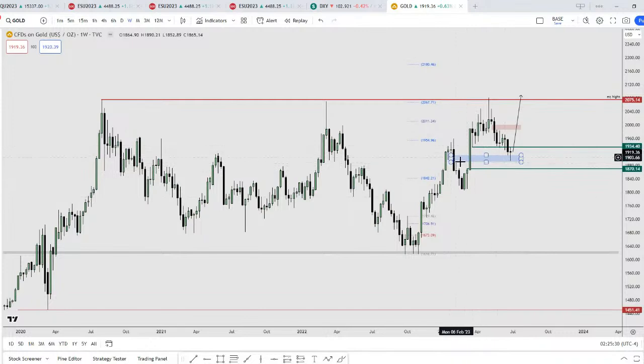First warning would be price closing below this balanced price range. Second would be price closing below this fair value gap right here, the green level 1870.14. Okay, so as long as price can trade above this 1870.14, I look for higher prices to 2180.46. Okay, very simple for gold here, right?